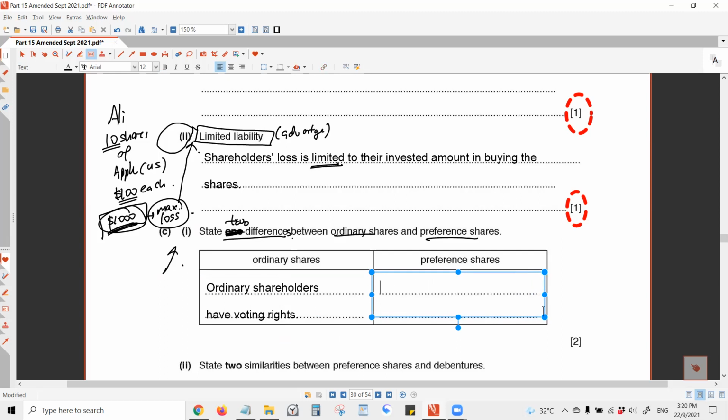Because I have done enough accounting exams, I know what they look for here. Even though they don't ask for shareholders, they're talking about ordinary shares and preference shares, but they mean the same as shareholders. So preference shareholders do not have voting rights. Simple, easy to write for this.